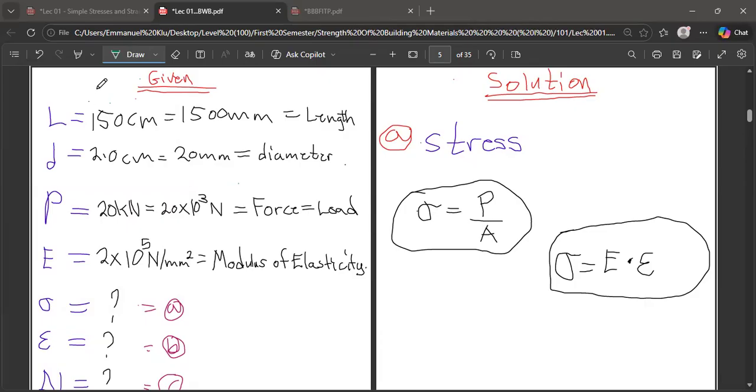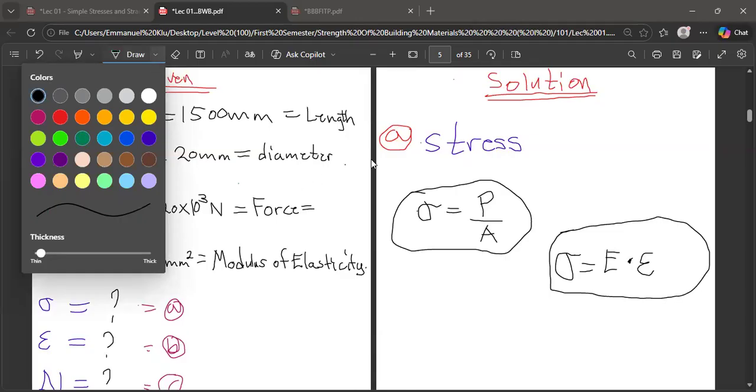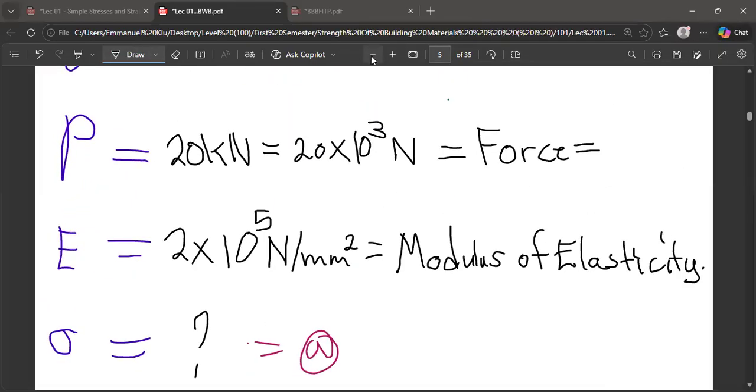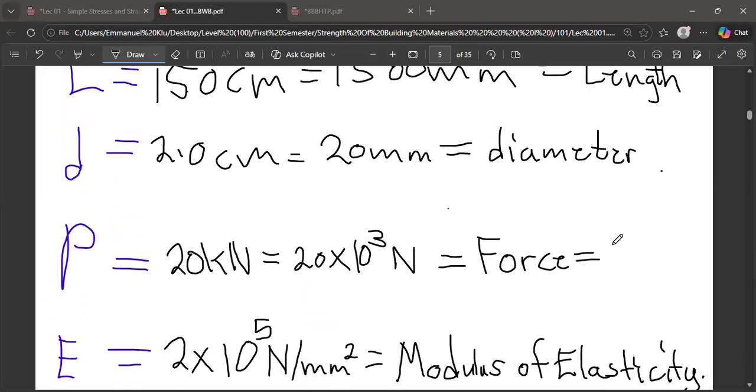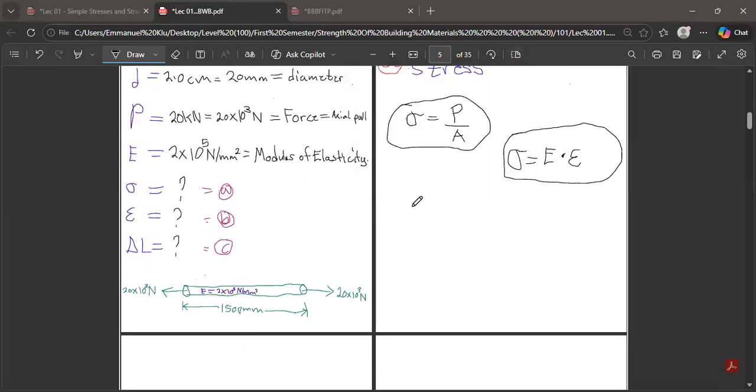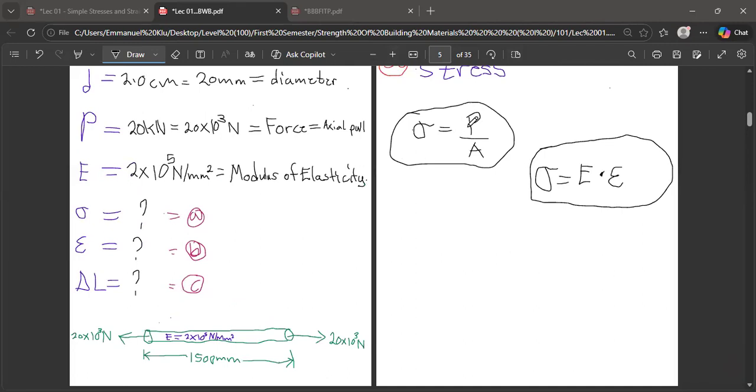Let me quickly write this as axial pull. So we have the P in the question, that is 20 kilonewton.